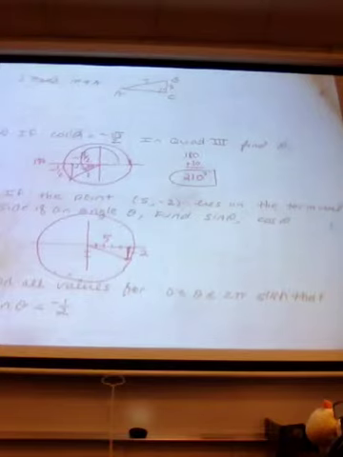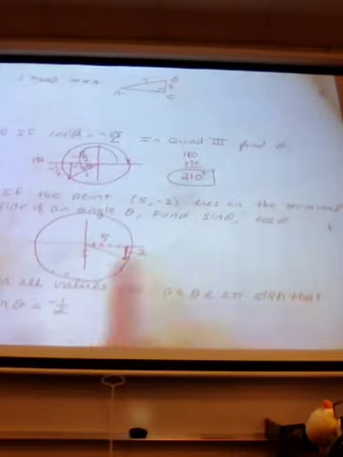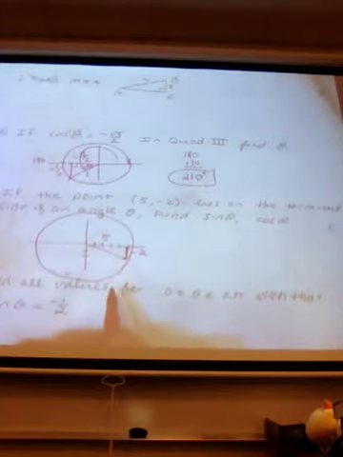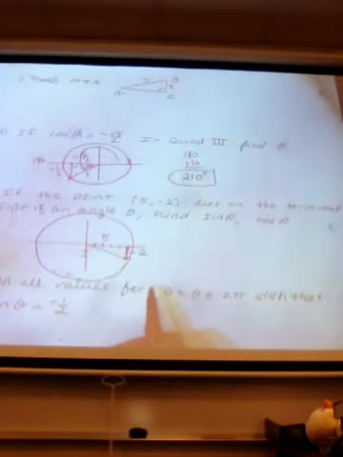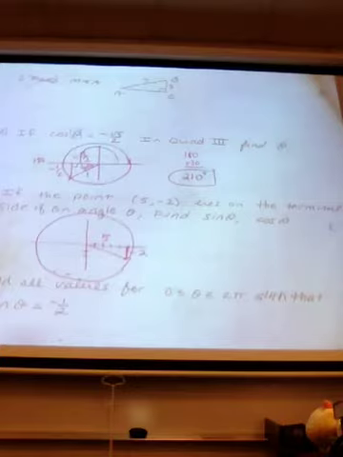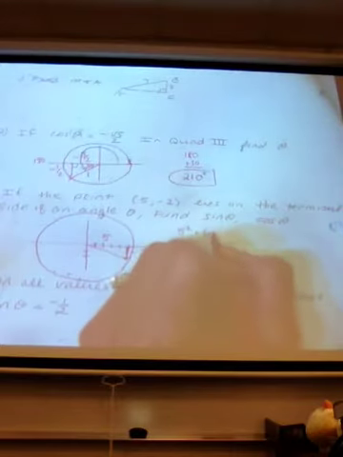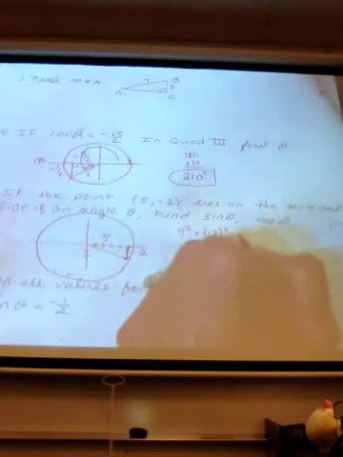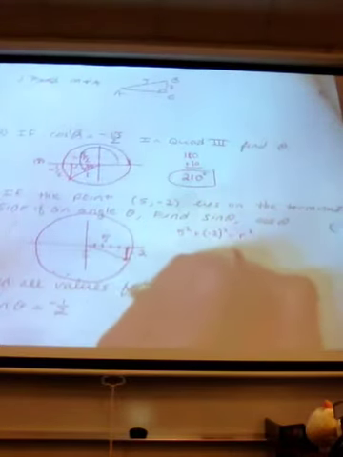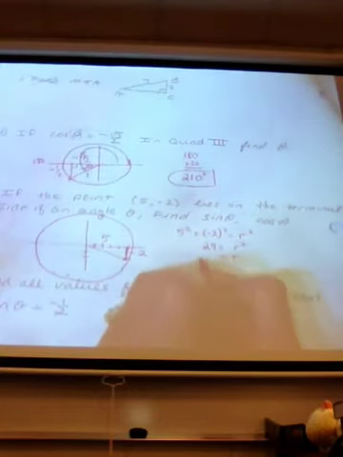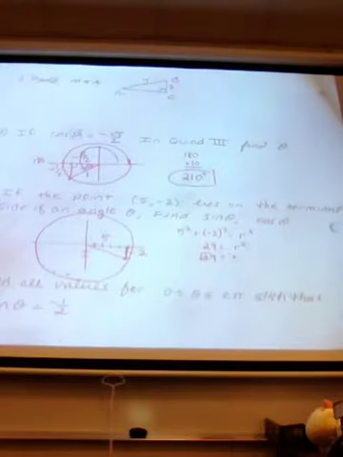To do that, I'm going to have to find the hypotenuse. The hypotenuse obviously isn't 1 because 5 squared plus negative 2 squared isn't 1 squared, is it? So you'd have 5 squared plus negative 2 squared equals the radius squared. So the radius squared equals 29, so r is the square root of 29.